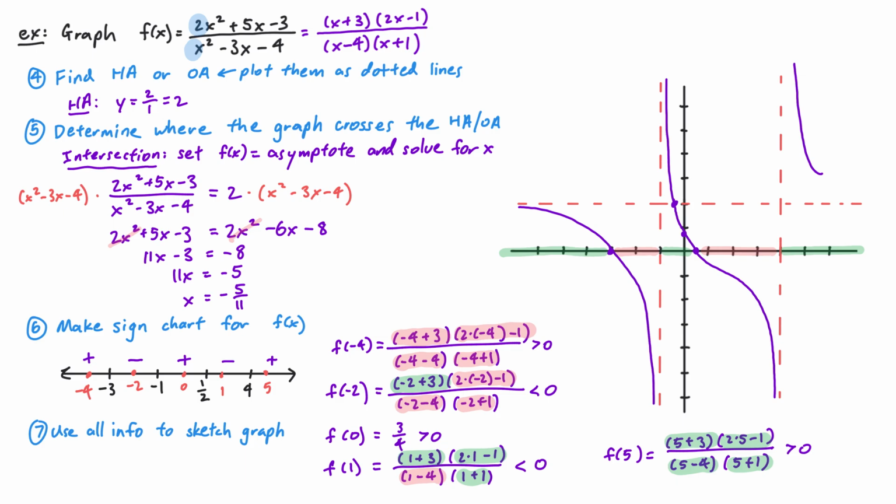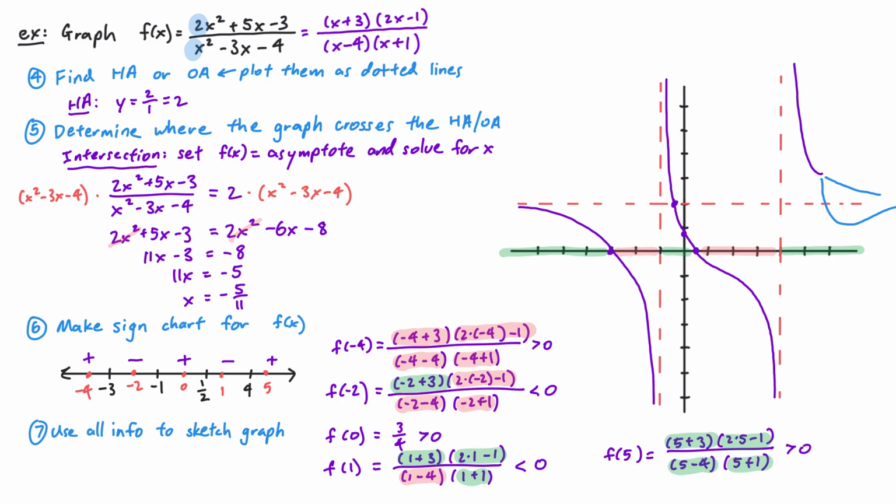And as we make our way to the right, our last feature is this horizontal asymptote on the right here. Our graph again has two behaviors. It can either go towards the horizontal asymptote from above, or it goes towards the horizontal asymptote from below. To help us decide what the behavior is, we again think about what happened in step 5.